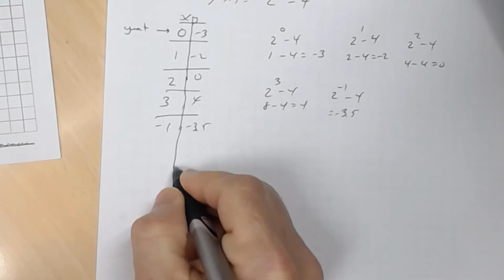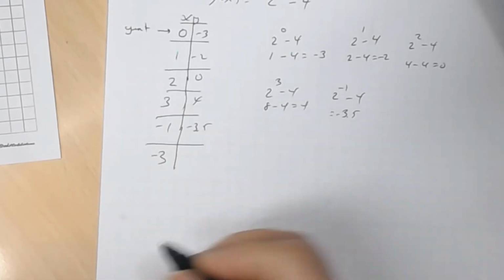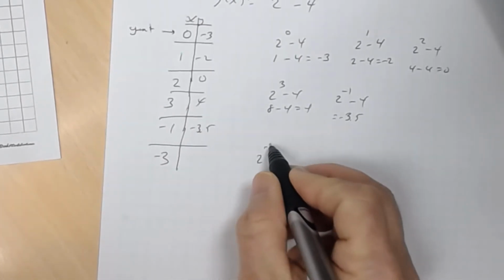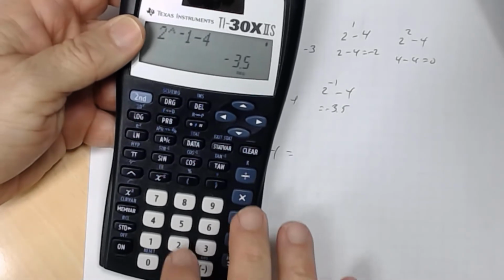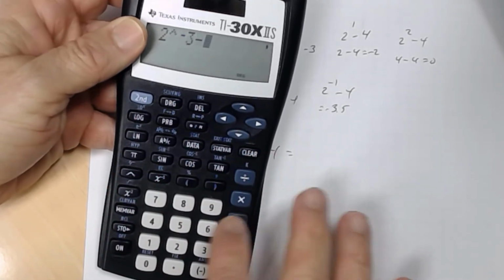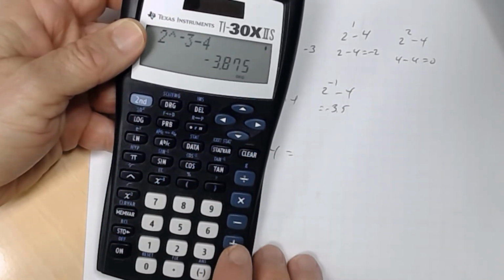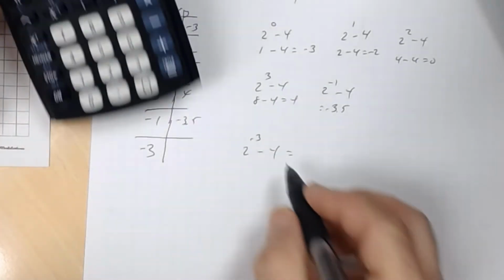All right, now if x is, let's say, negative 3, I get 2 to the negative third power minus 4, which is, let's see what that is. So 2 raised to the negative third minus 4 equals negative 3.875.